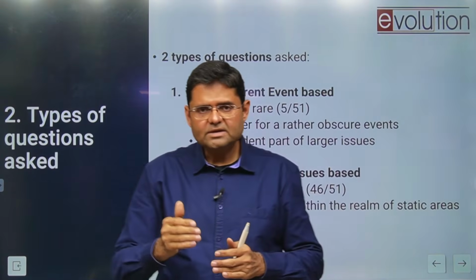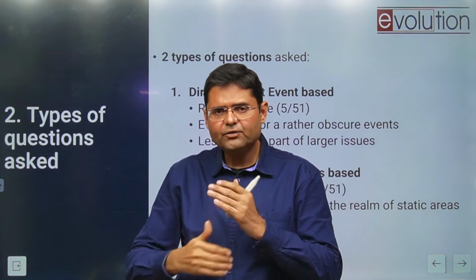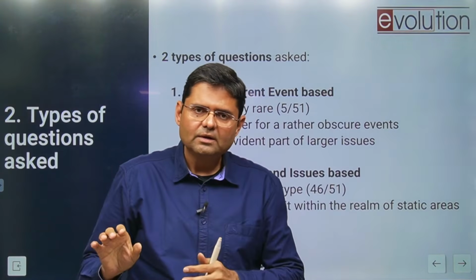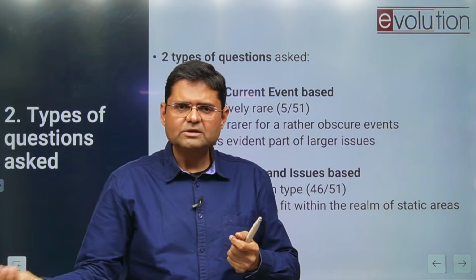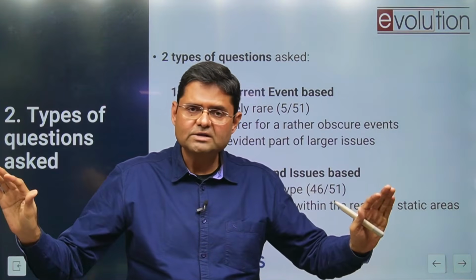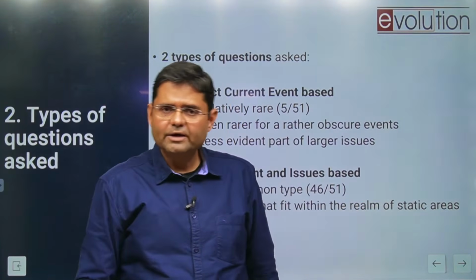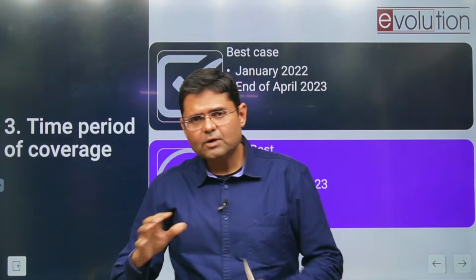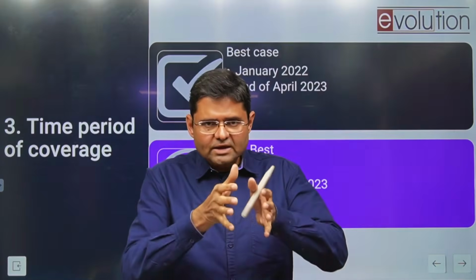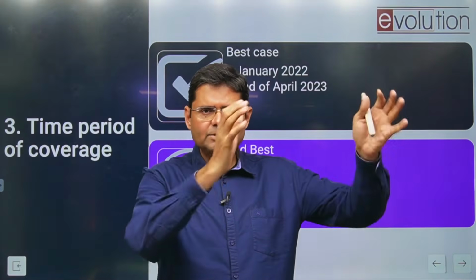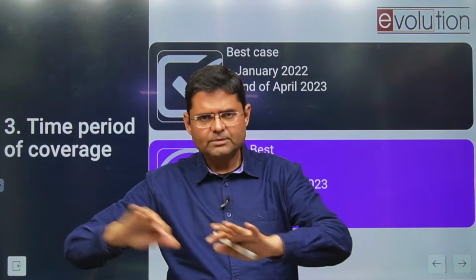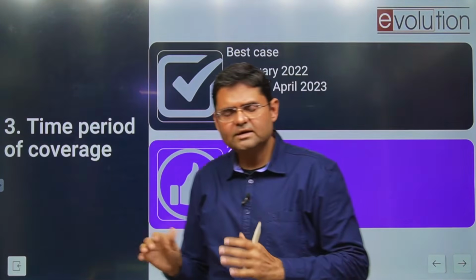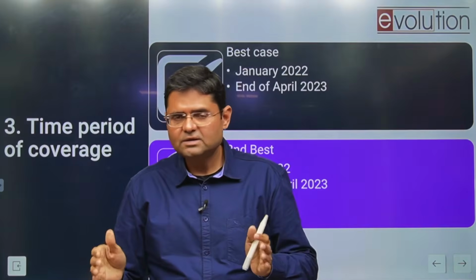But the good news is that much of the current affairs actually operates in a continuum. There is nothing which happens one-off and it vanishes and it still finds a place in your prelim. No. Prelim questions are mostly around those topics which exist in a continuum. Something happens now, then some more development a week later, some more development 3 weeks later, and those kind of questions they get asked.